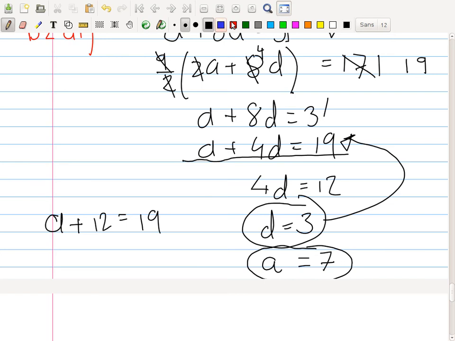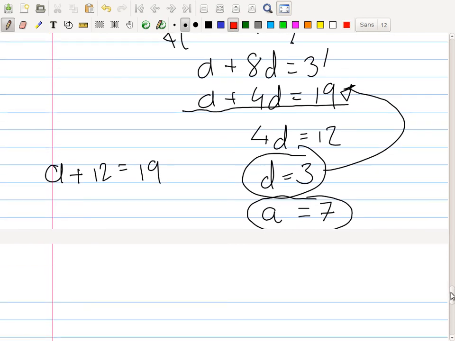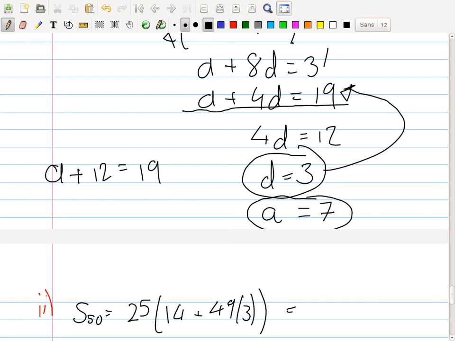So I've done part 1 now. That's a 3, that's a 31, yes. Part 2, the sum of the first 50 terms, so that's S50, which will equal n over 2, 2a plus n minus 1 times d. That is 147 plus 14, 161 times 25.